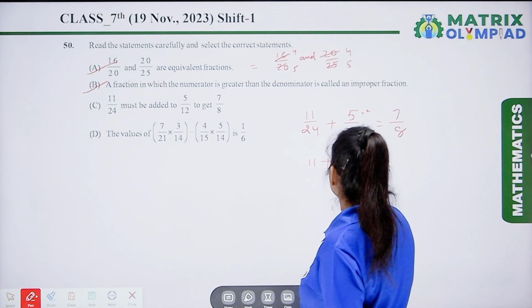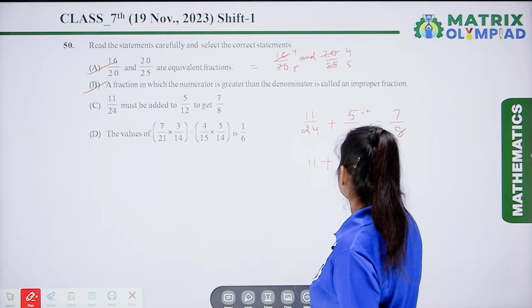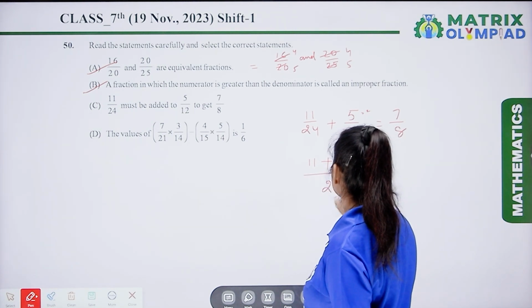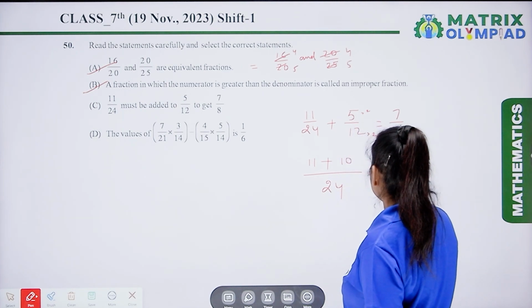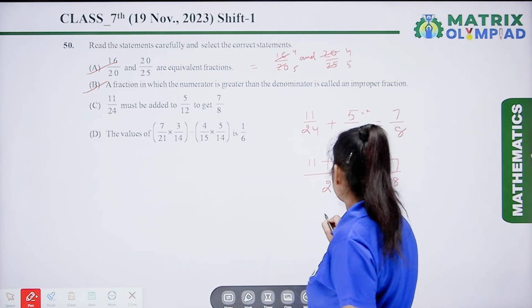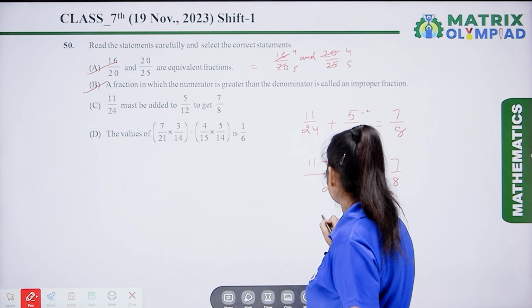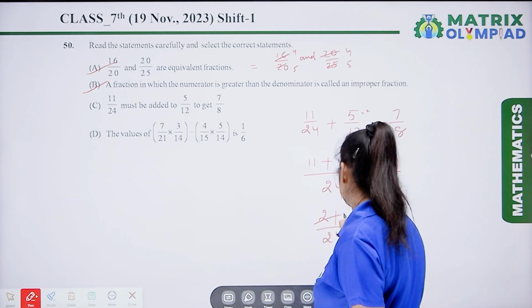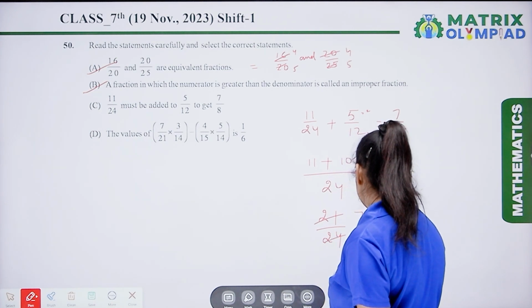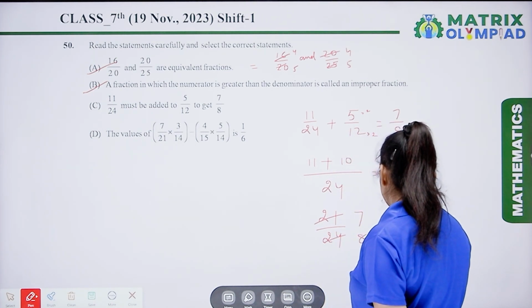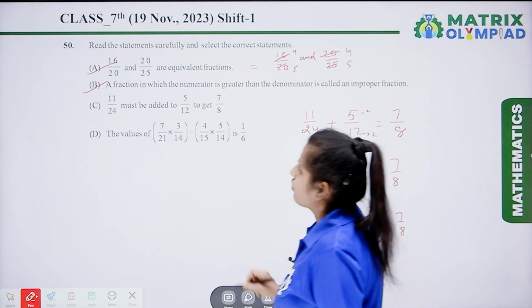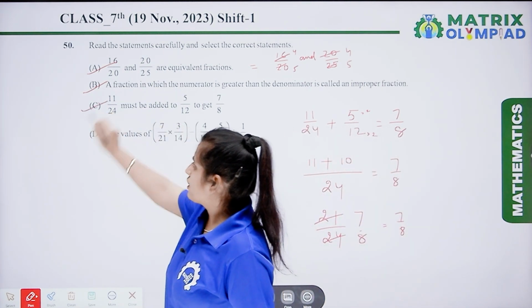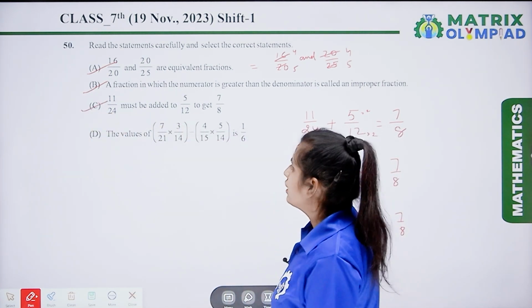So here 11 plus 10 upon 24. Let's check whether it is 7 upon 8 or not. It becomes 21 upon 24. So, yes, the C part is also correct.